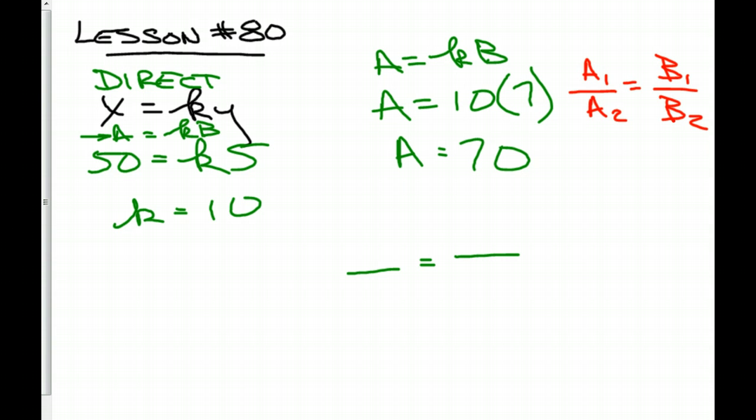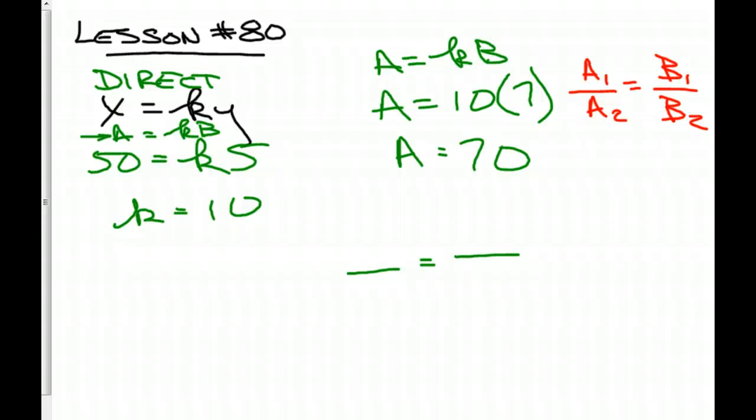Not really too hard to remember that formula, but knowing which numbers to put where sometimes can be a little confusing. The 1 represents the first set of numbers that the problem gives you. The 1 in this problem is the first 2 numbers that they give you.